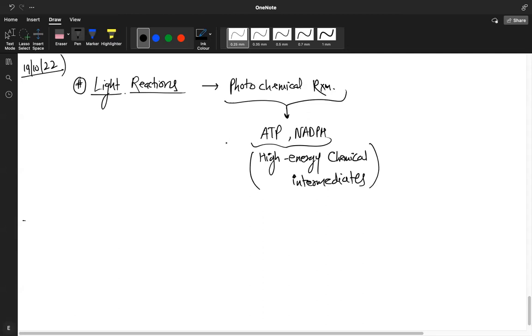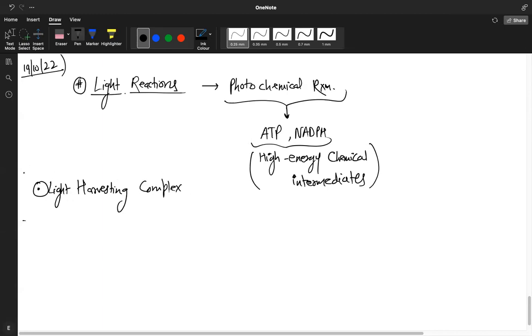Now, before we understand the process of light reaction, we have to understand something called a light harvesting complex. Because in light reaction, what is the plant going to do? Harvest the light energy, correct?